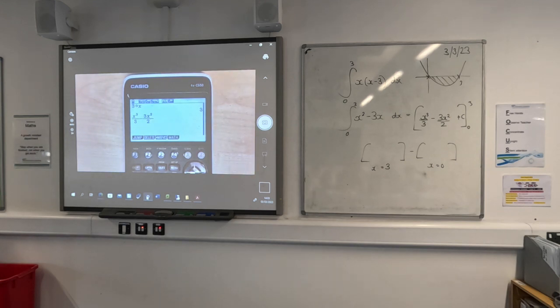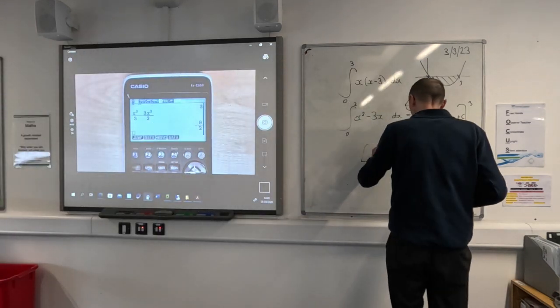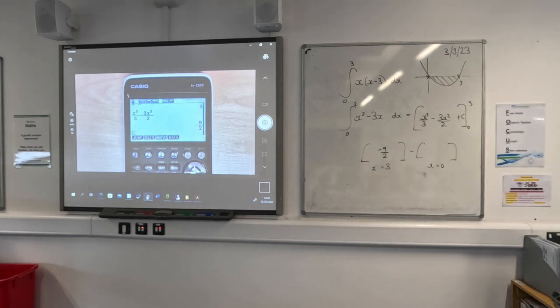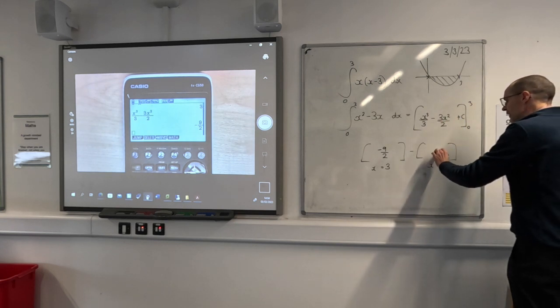So I'm going to make x equal to 3 in my answer. And then I can go back up and replace the 3 with a 0, except I already know when I make x equal to 0 in that it's going to be 0.